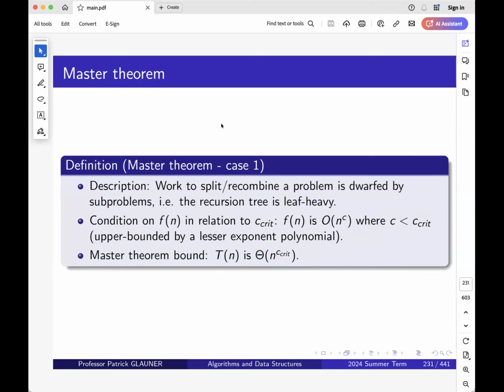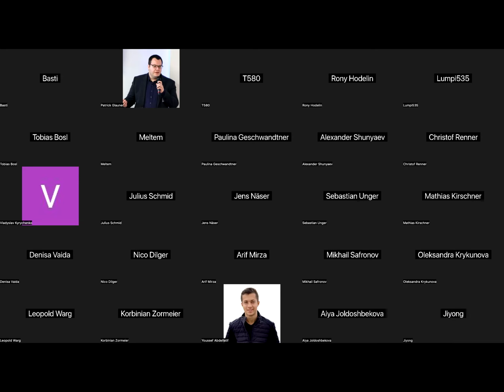There is obviously a long derivation of the master theorem and why it works this way. I'm not doing this now with you. Feel free to read the original paper from a couple of decades ago, but we will directly apply the master theorem case one to a sample recurrence relation.